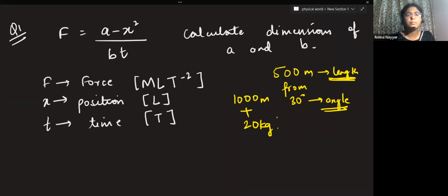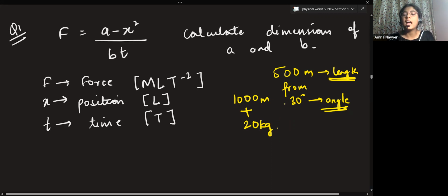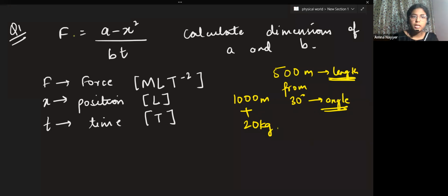This is not possible. This is not even possible for you. The reason is that 1000 meters is the SI unit of length. We are talking about length completely. On the other hand, how can we add mass onto the length? So it means we can add only like terms.